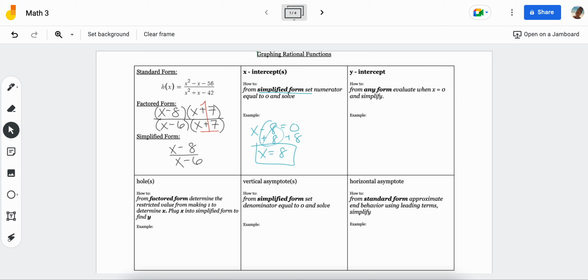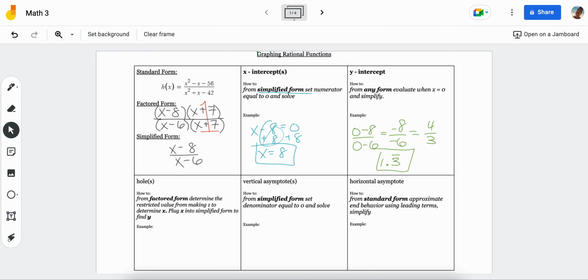I'm going to evaluate in simplified form again just because it has the fewest number of x's. I'm going to set all my x's equal to 0 and solve. Okay, that 4 over 3 is the same as 1/3, so we have a y-intercept at 1/3.